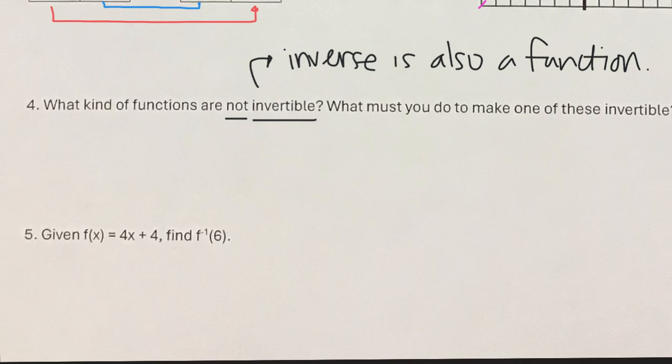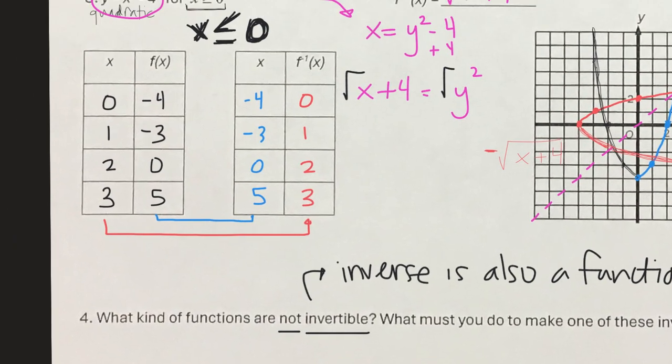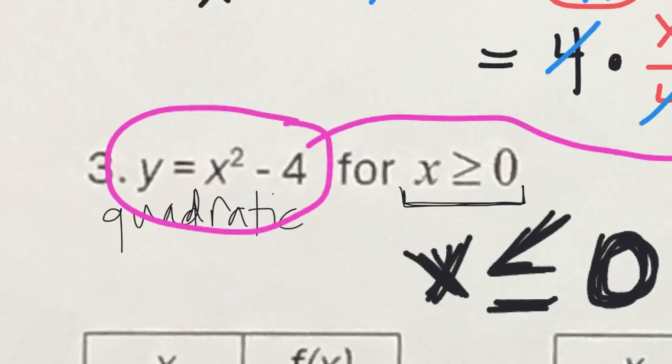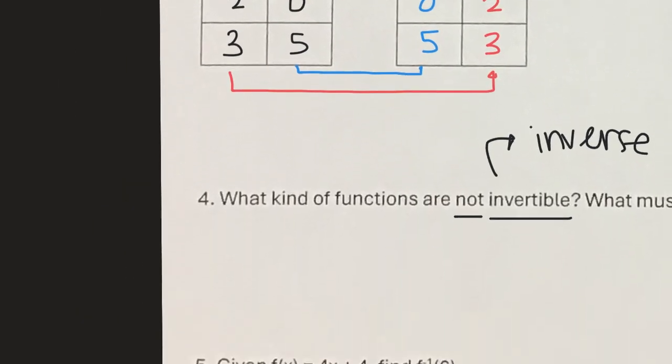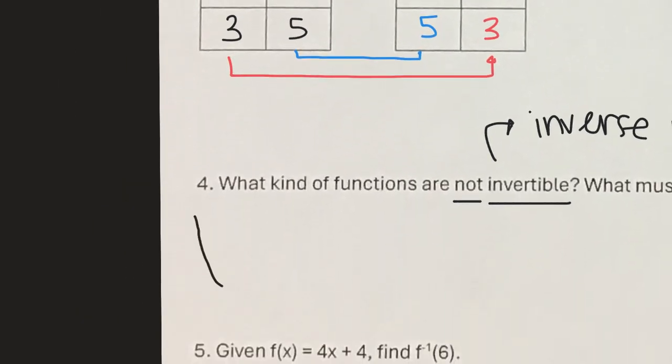Okay, so we just dealt with an equation that is usually not invertible. Right? What type of equation did we deal with right here? A quadratic. Right? So if we look at the graph of a quadratic, what happens if I draw a horizontal line through it?